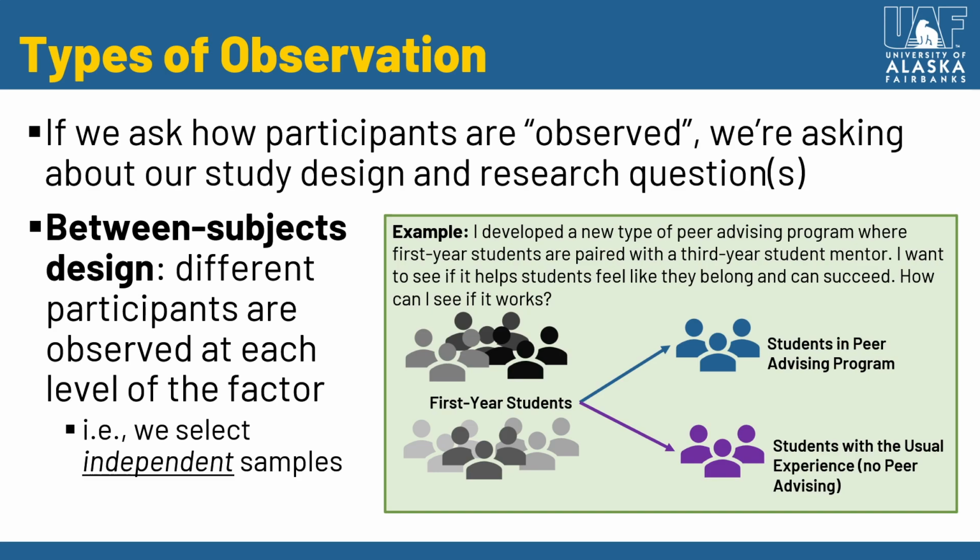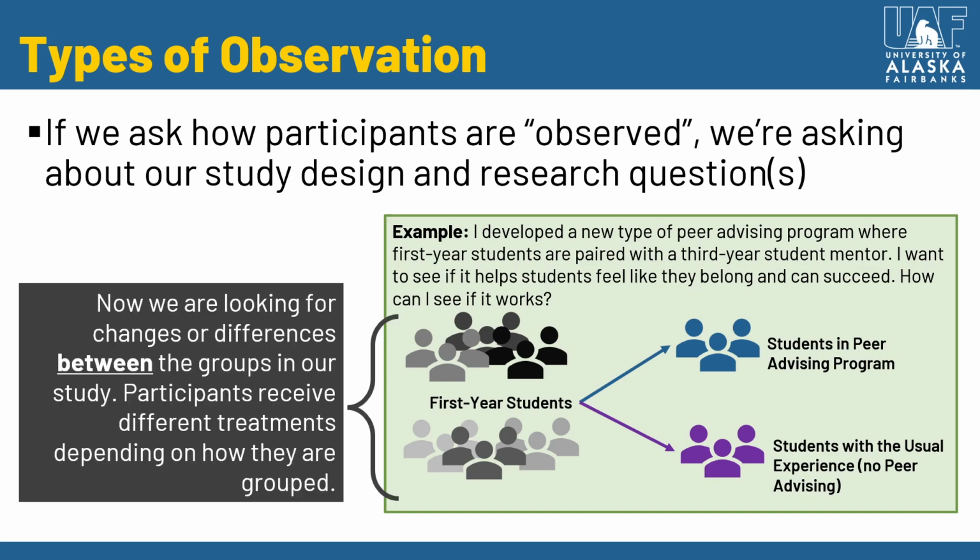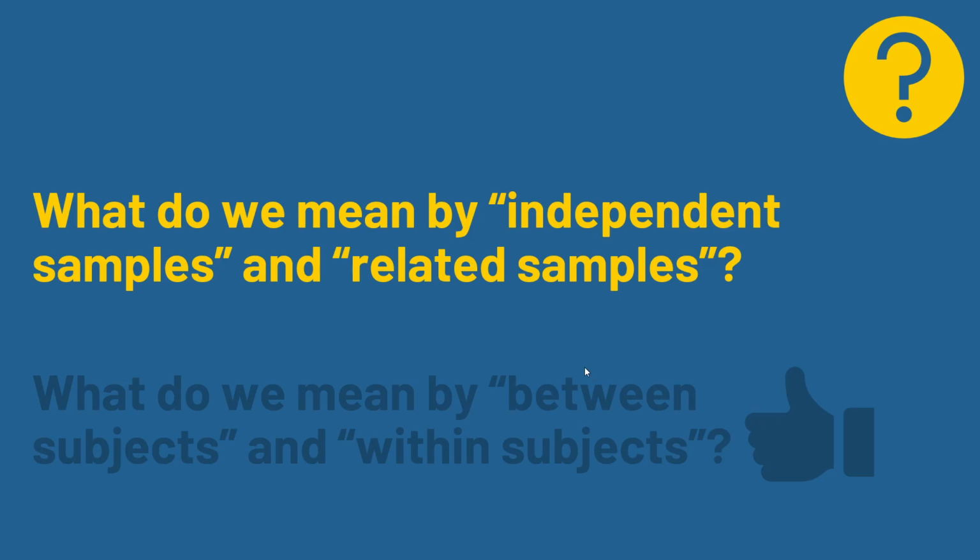And then we can somehow compare scores on belonging and success and things like that to see if it's making a difference, right? So in this example, compared to the previous one, we're looking for changes or differences between these groups. Participants receive different treatments depending on how they're grouped, in this example if they're in the peer advising program or not. So hopefully that helps to explain this little question down here.